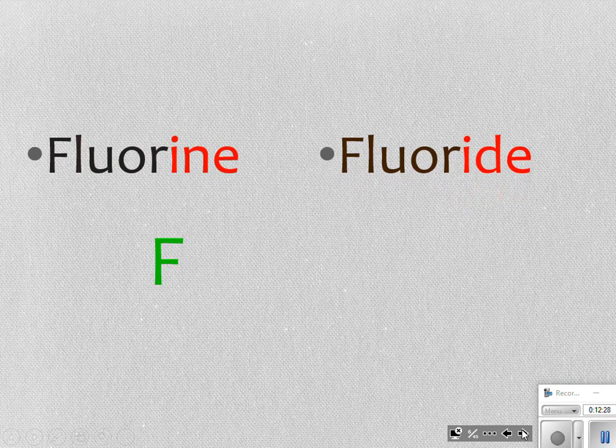So, if I talk about fluorine, it's F. It's an atom of that. If I'm talking about fluoride, I'm talking about F1 minus, the fluoride ion. So when you see that IDE, that is telling you that I have the fluoride anion, F1 negative.